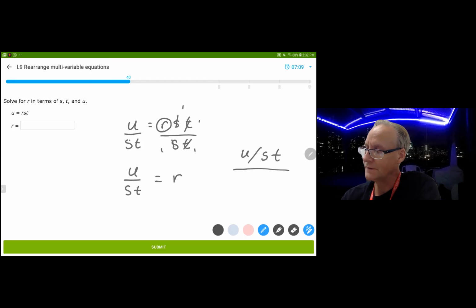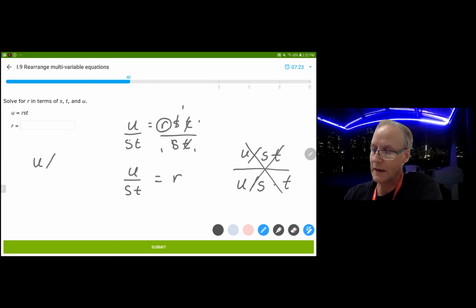This says u divided by s, and then take this and multiply it by t. This is incorrect. Now, the way that you can do it is you can say u divided by, in parentheses, st. And now you're taking st and dividing it into u, or taking u and dividing it by the product of s and t.